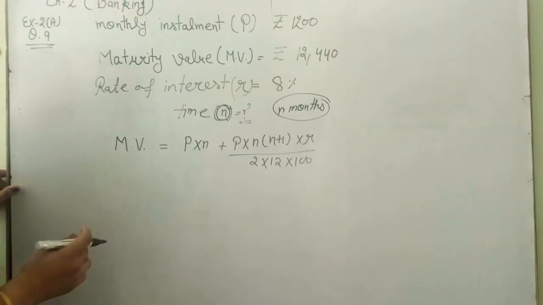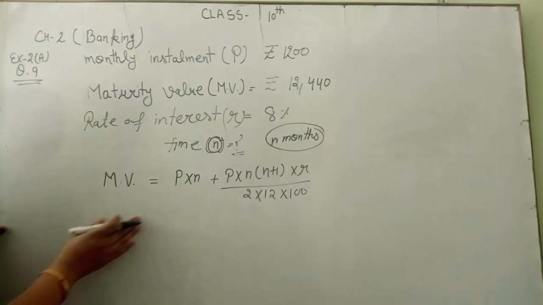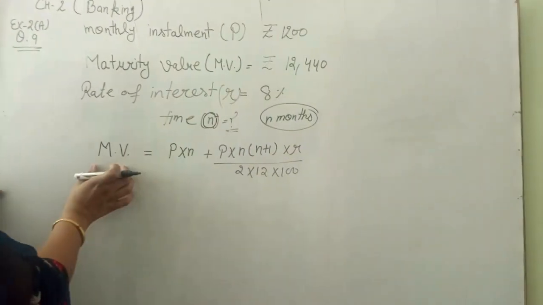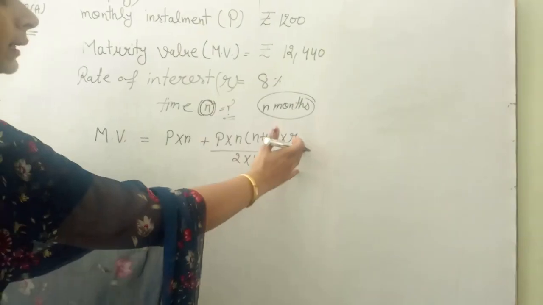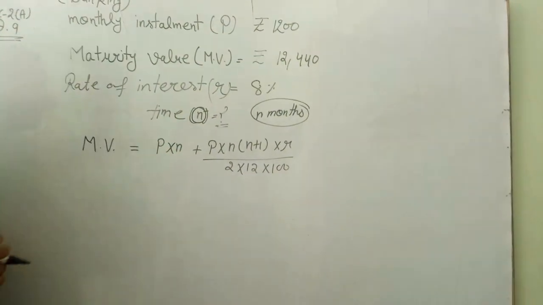Okay students, we have the formula for maturity value. We put in the values of maturity value, monthly installment and rate of interest, and with the help of this we find the value of n.